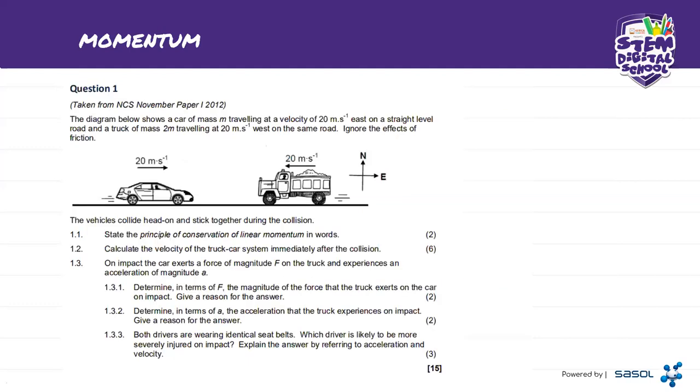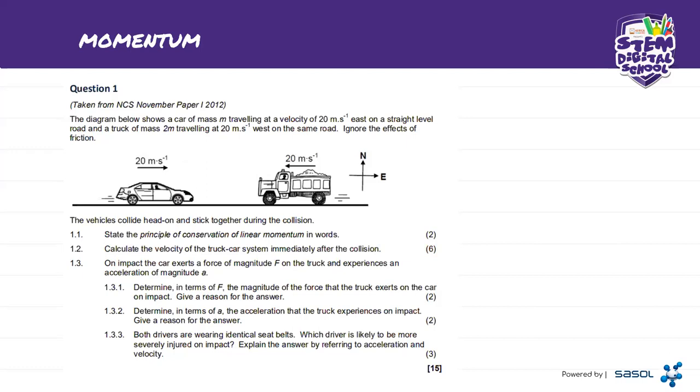So on 1.3 it says, on impact, the car exerts a force of magnitude F on the truck and experiences an acceleration of magnitude A. So 1.3.1 says, determine in terms of F the magnitude of the force that the truck exerts on the car on impact.